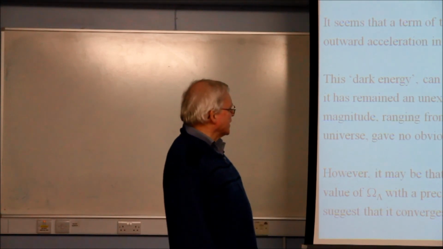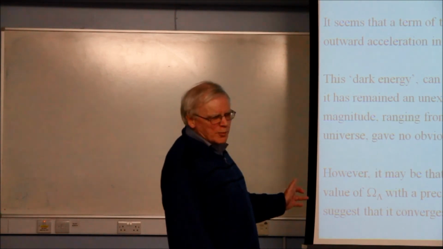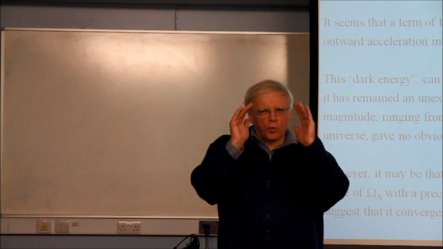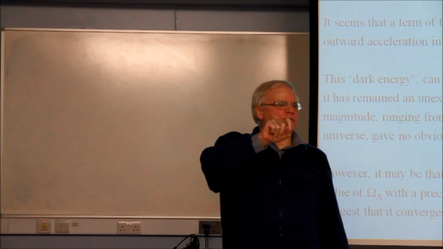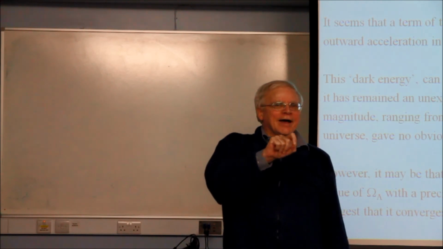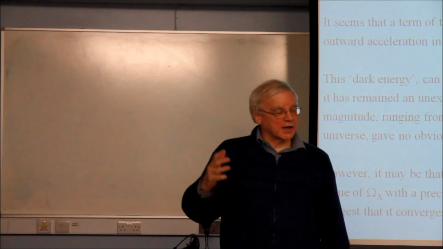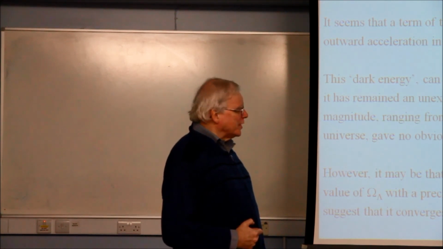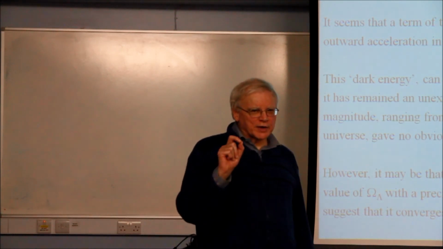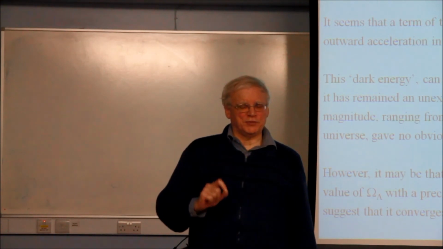I'm going to say that just as omega itself is critical, if it's 1, that's a critical value, omega lambda, that section of it which is dark energy, has a critical value as well, or may have. And if it has that particular value, then it will have a precise physical significance.